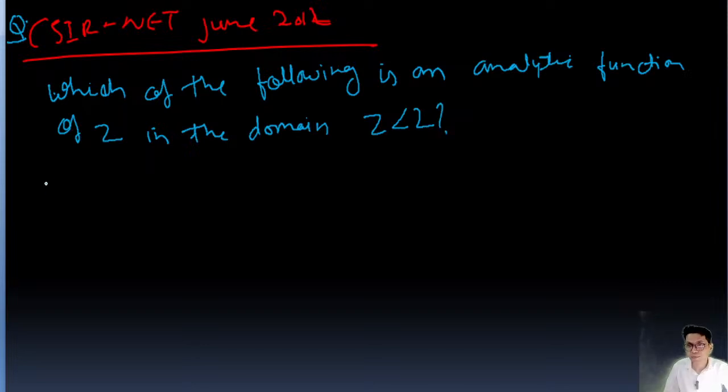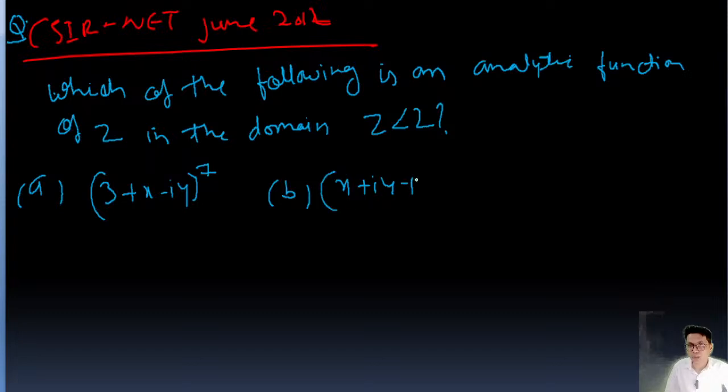Okay, options are given: A is 3 plus x minus iy to the power 7. B is x plus iy minus 1 to the power 7.